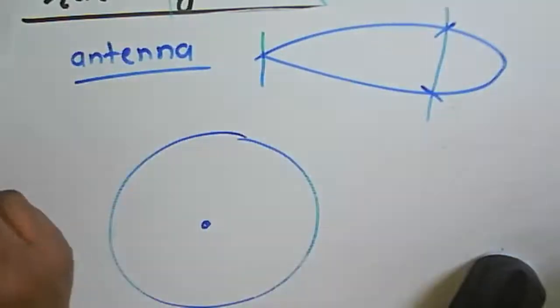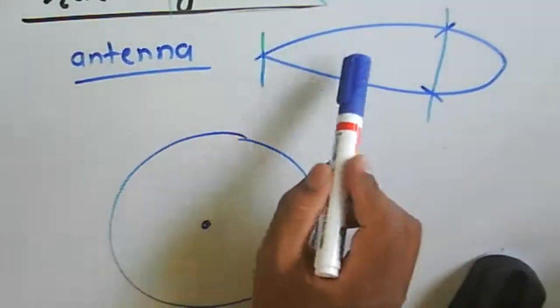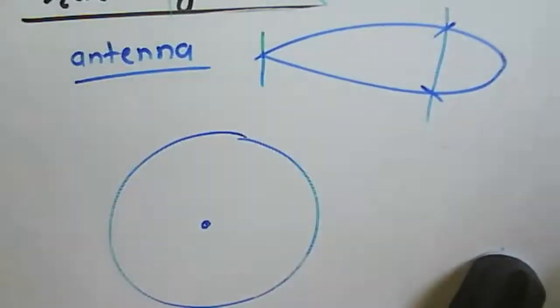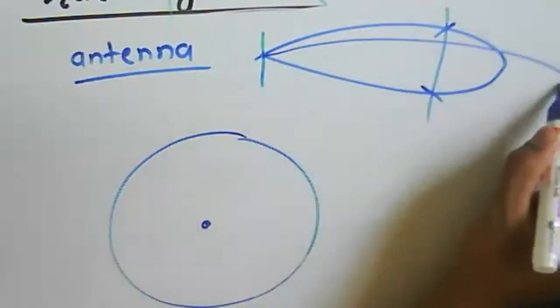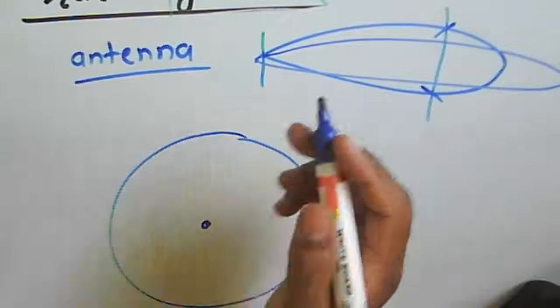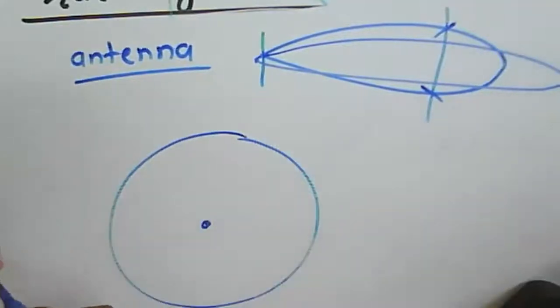So we need a radar which has a pencil beam radiation pattern. Pencil beam radiation pattern means what? It has a very small beam width. That is a pencil beam like pattern, and that radar is used to detect.